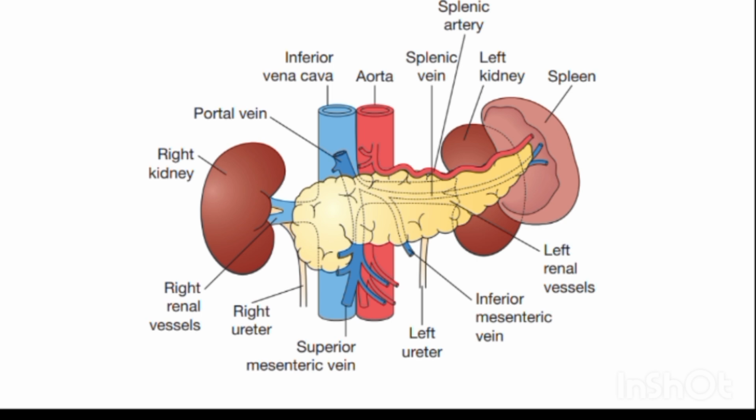Pardon me, the superior mesenteric vein and splenic vein join to form the portal vein. From the head, there is a process called the uncinate process protruding medially, at which point these vessels turn behind the pancreas.